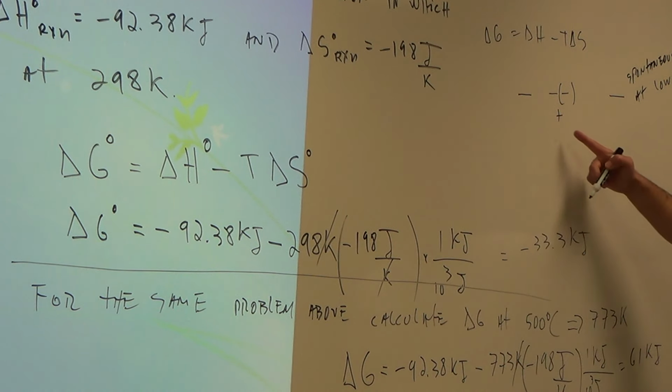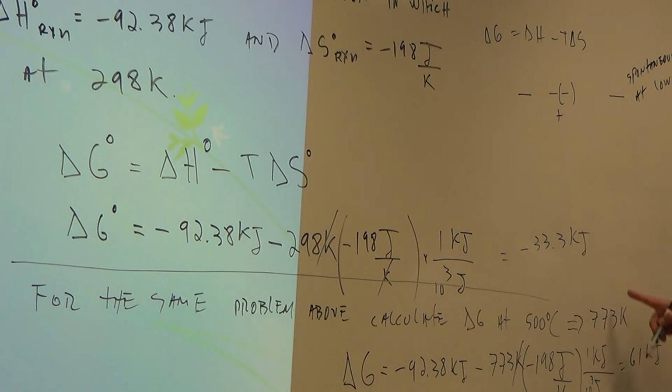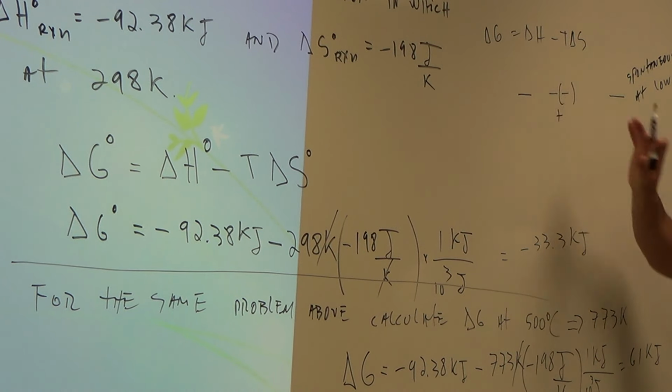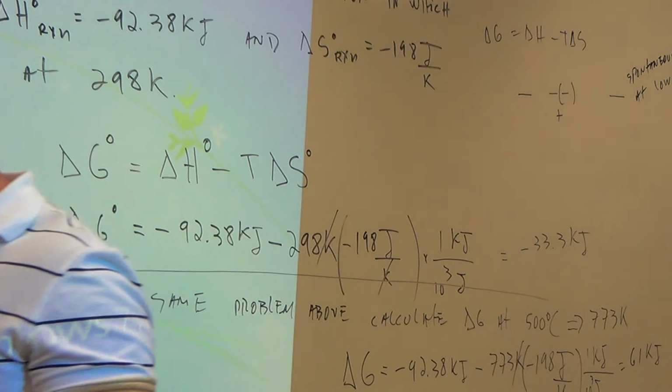And what happens as I start increasing the temperature? This number starts increasing, and if the temperature is very high, it will go from spontaneous to non-spontaneous, which is what happened here. This is non-spontaneous, because at high temperatures, this will win. You have to know that. That's okay if you don't know it yet.